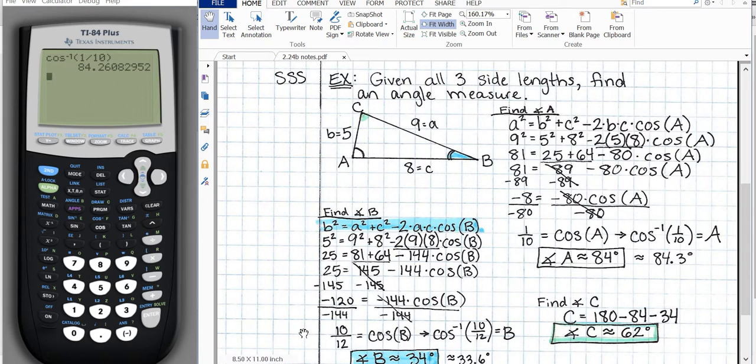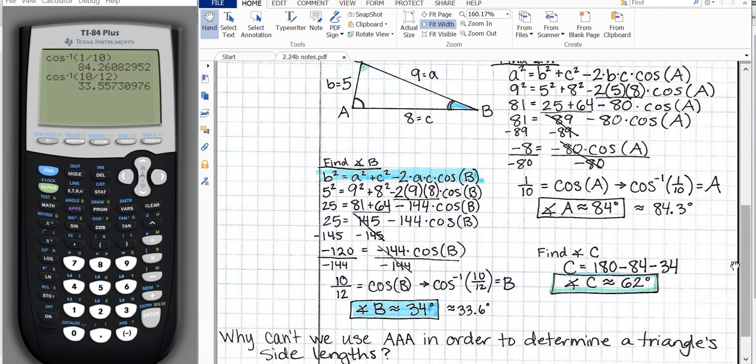But, you know, whatever makes you happy. And then we go with the inverse cosine of 10/12, and that will give us angle B. When I plug that in the calculator, the inverse cosine of 10 over 12 is approximately 34 degrees, or 33 and 6/10 if you want to round it off to the nearest tenths place.